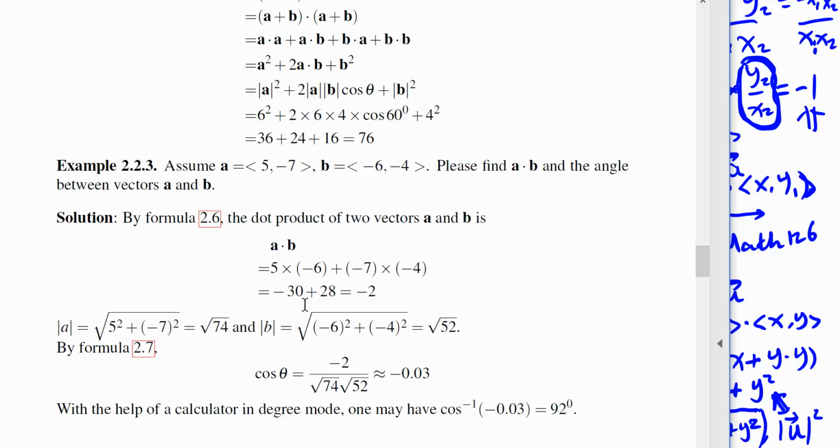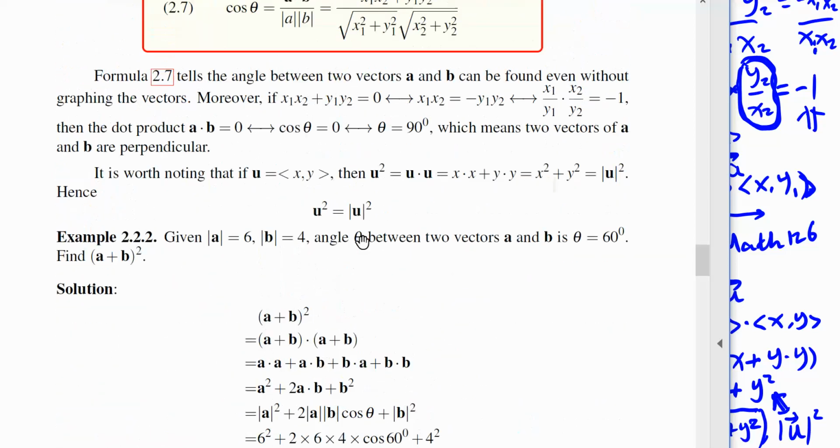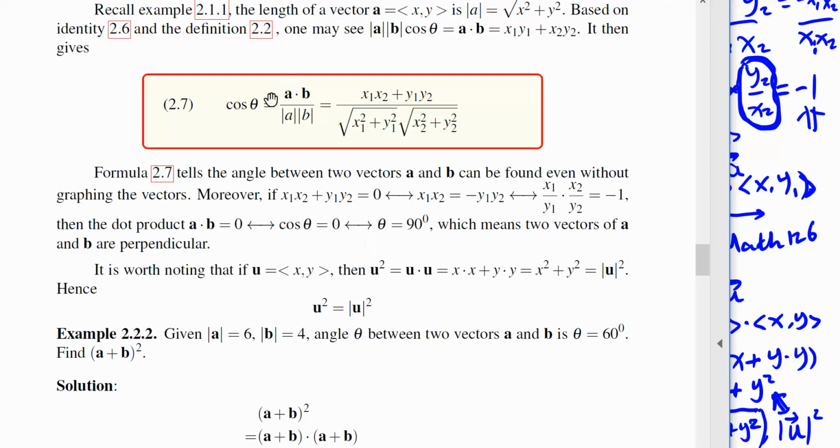Then you have -30 plus 28, you have -2. Okay. Now we know the value for the numerator. If we can find the magnitude of A and B and put them in the formula, we should be able to get cosine theta.